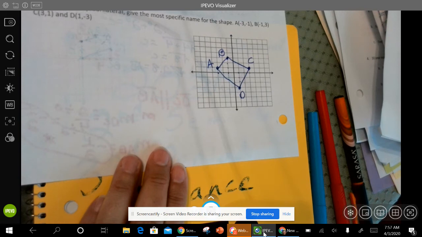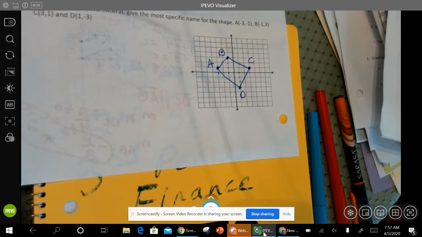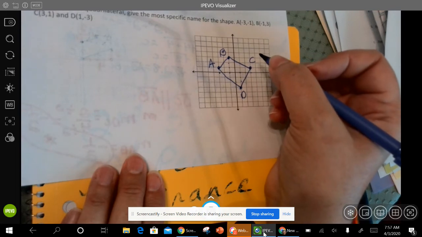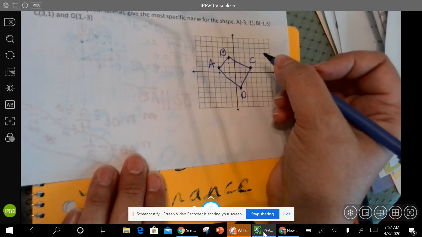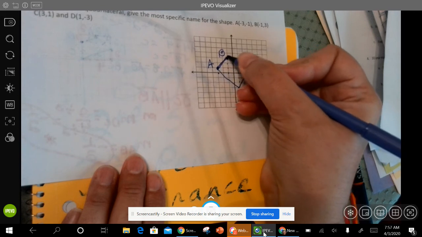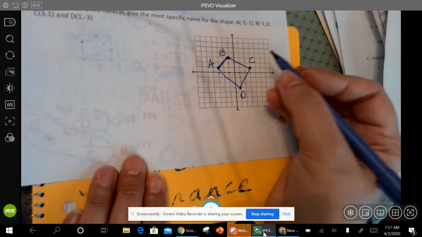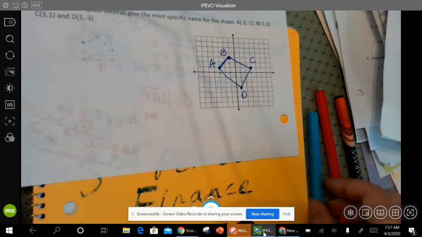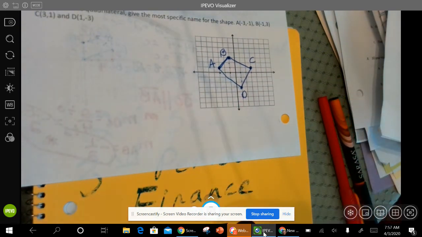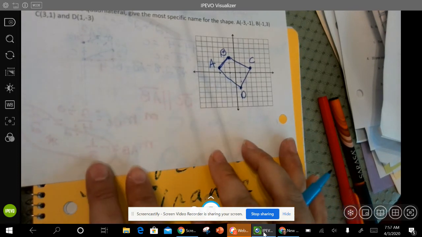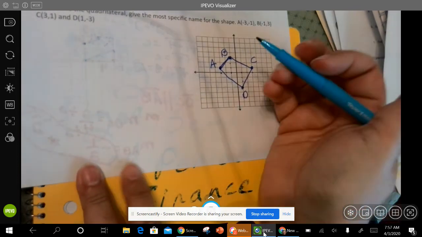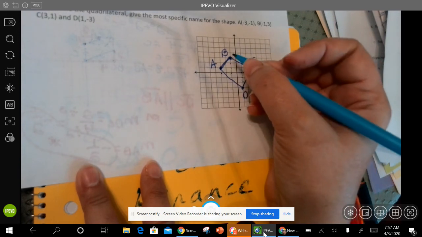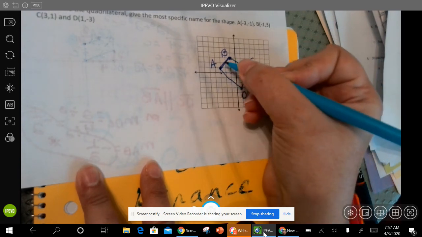Okay, for this one, so we'll look at it. I feel like I did the best with graphing it, but it's okay. So we look at it and we can check if the sides are parallel or congruent.